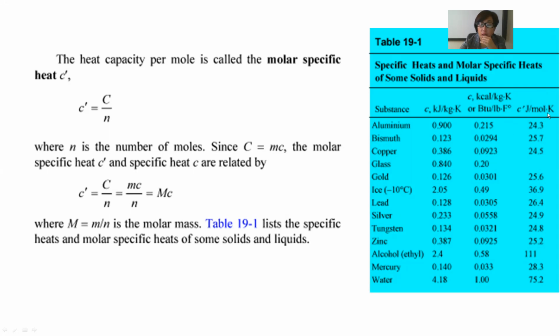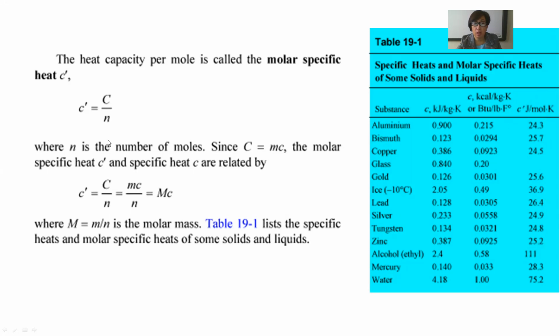And the third column is C prime, the molar specific heat, the heat capacity per mole, where n is the number of moles.